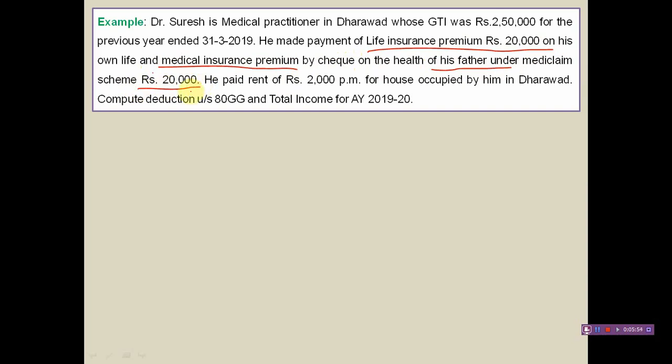This 20,000 is allowed or qualifies for deduction under section 80D, and he paid a rent of rupees 2,000 per month. So this is the amount which is allowed as a deduction under section 80GG.